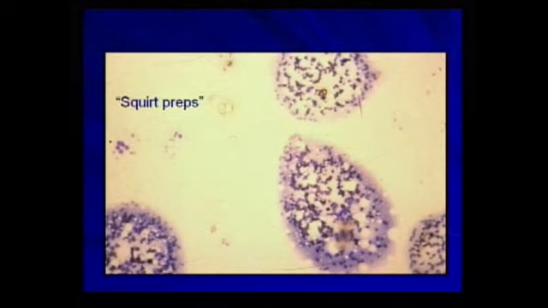You can actually get a lot of good information, whereas I used to look at these with some sort of disdain. I've made enough diagnoses on squirt preps over the years that as long as it's well done, I would rather look at a squirt prep than have someone try to spread these out, because it tends to crush the cells, whereas in the middle of some of these dots you can see some diagnostic features.